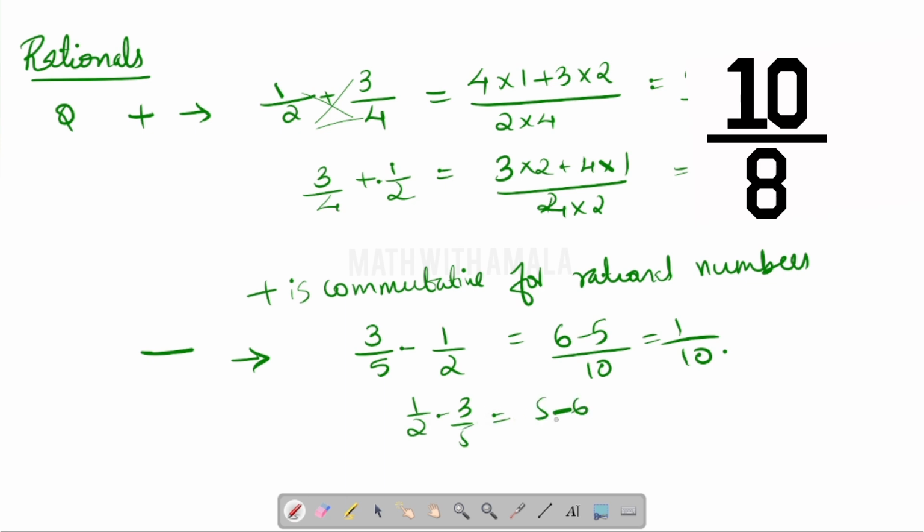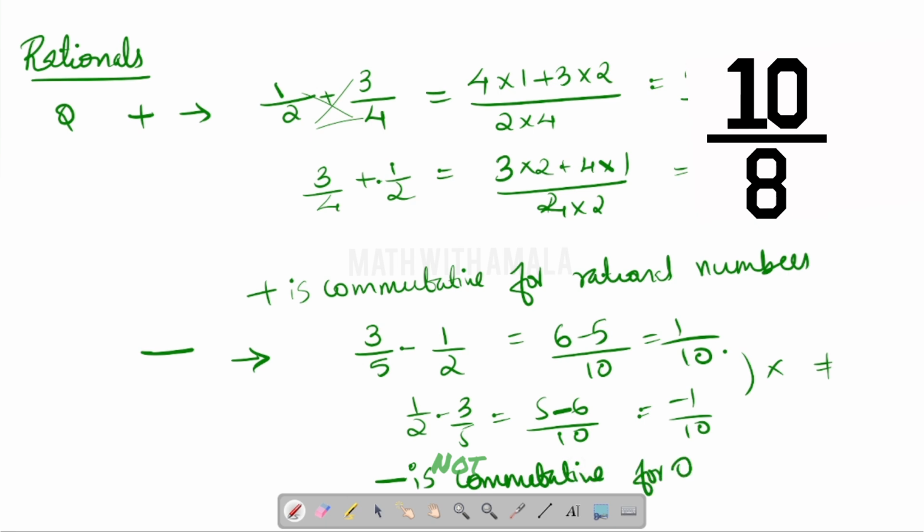Again, 1 by 2 minus 3 by 5 is equal to 5 minus 6 by 10, which is equal to minus 1 by 10. So it is clearly visible that both are not equal. Hence we can say that subtraction is not commutative for rationals. In other words, rationals are not commutative under subtraction.